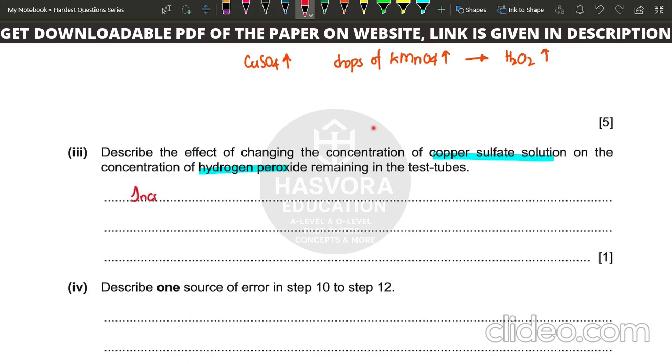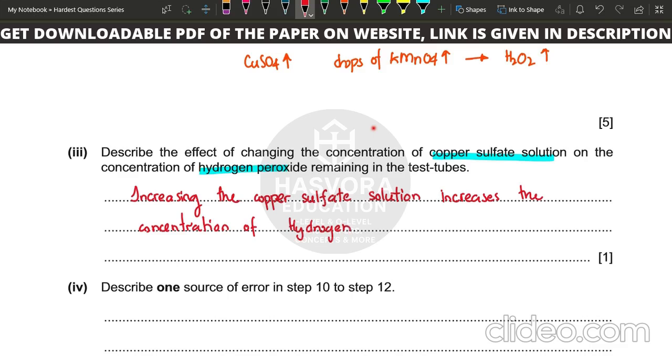increasing the copper sulfate solution increases the concentration of hydrogen peroxide remaining in the test tube.